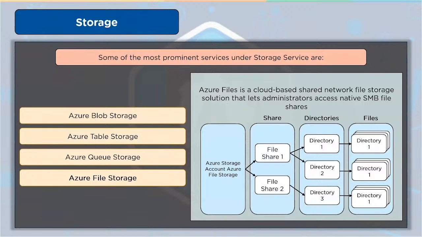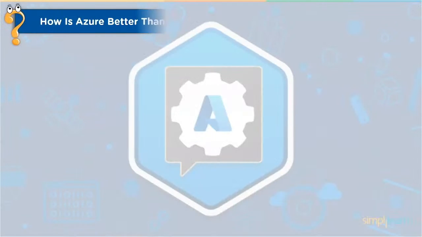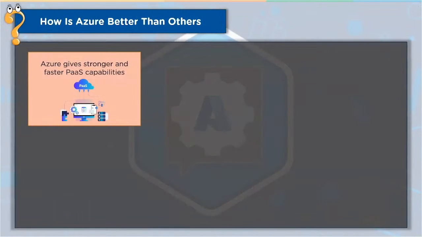So now that we have covered all of the important services offered by Azure and their functionality, let's dive deeper into the concept and look into how Azure is better than other cloud platforms. So first, Microsoft Azure PaaS gives developers the environment, tools, and building blocks they need to create and deploy new cloud services quickly.